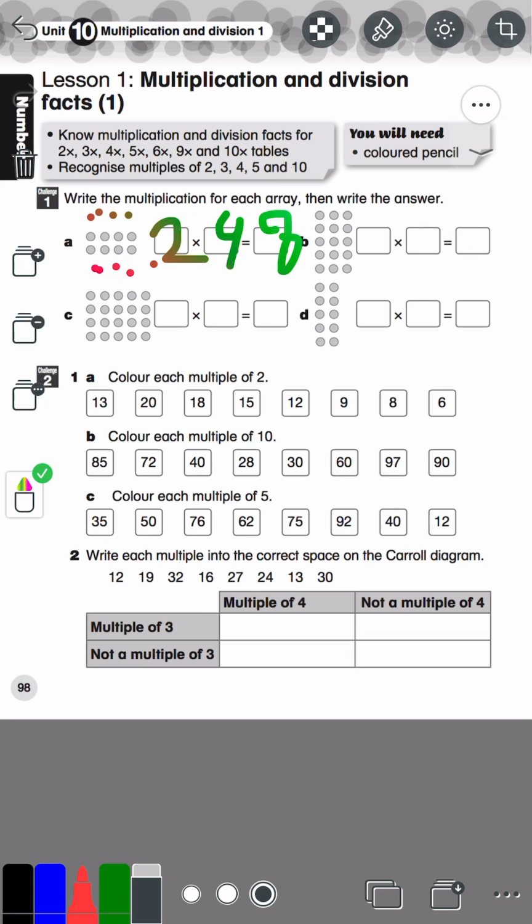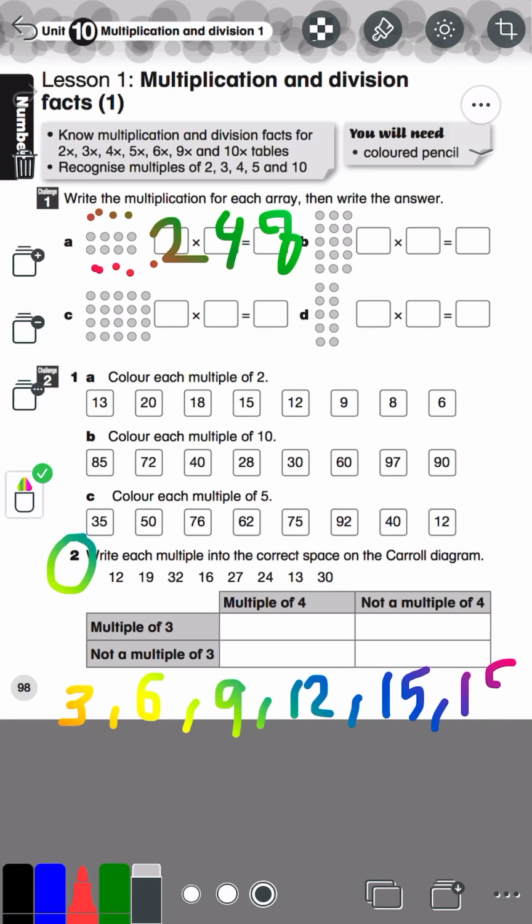For challenge 2, question 2, you have to write the multiples of 4 and 3. The multiples of 3 are 3, 6, 9, 12, 15, 18, 21, 24, 27, 30.